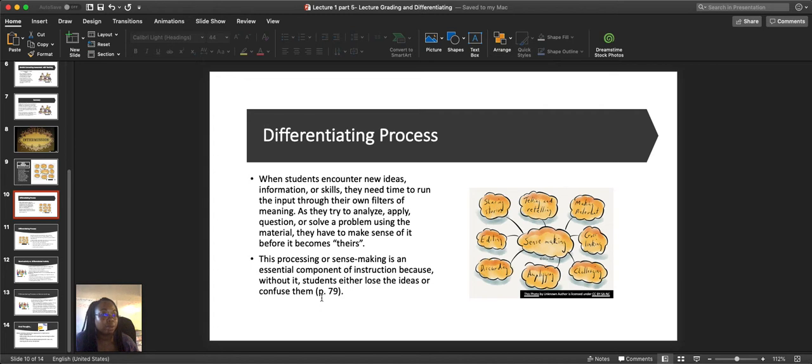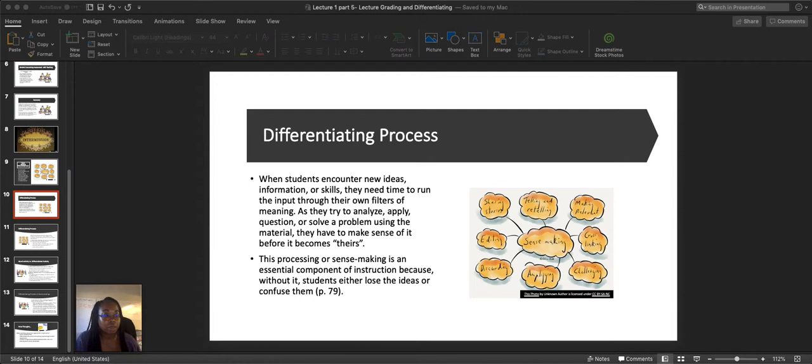Differentiating the process is important because when students encounter new ideas, information, or skills, they need time to run the input through their own filters of meaning. So what that means is we all come into a learning environment with different filters, and those filters need to be considered as we ensure that all assessment approaches show what students know.